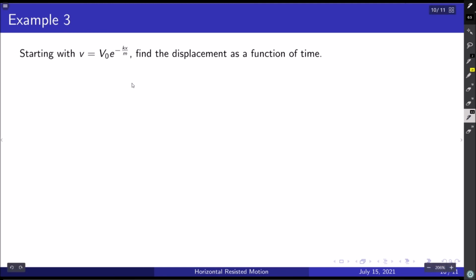So what we have here, obviously, in relation to time, v equals dx over dt, isn't it? So dx over dt equals v0 e to the negative k over m x.